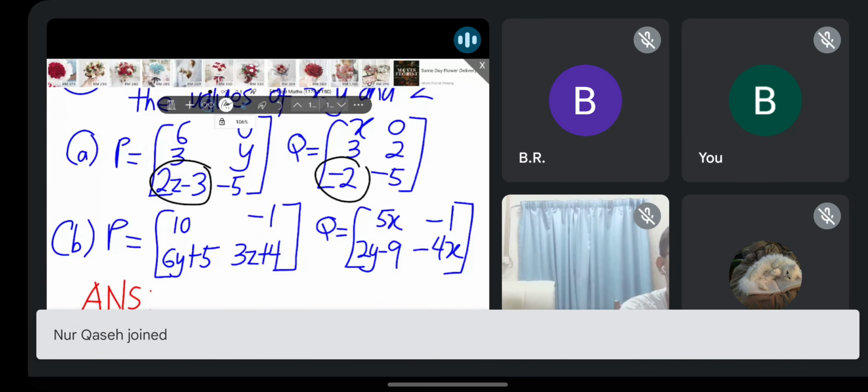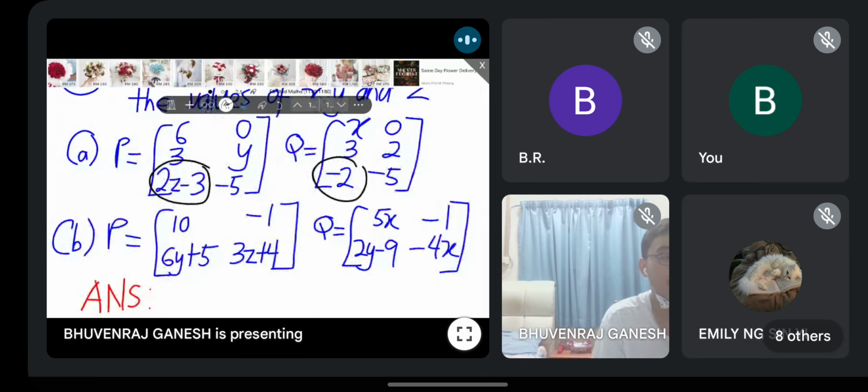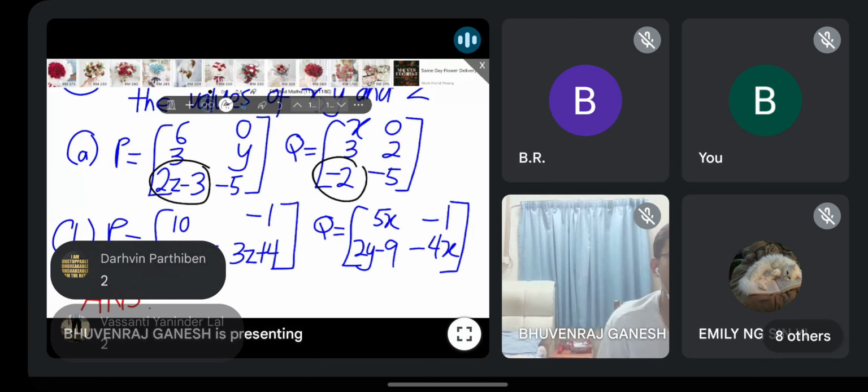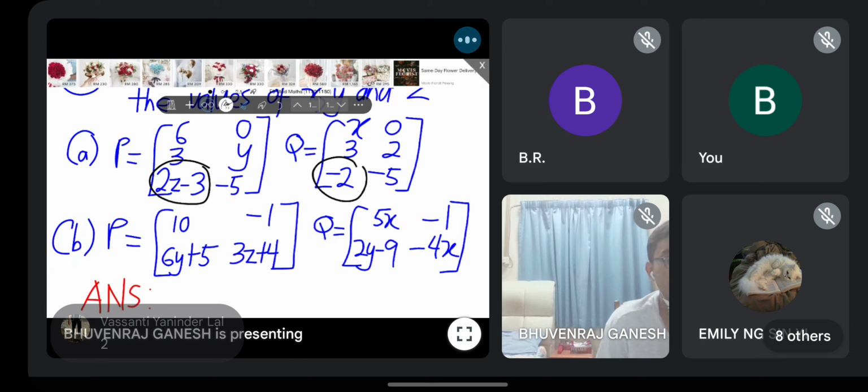So how about part B? Can you all tell me what is the x, y, and z? Start with x. Apa nilai x untuk bahagian B? Okay, correct, x is 2. How about y? You might need some time a bit.